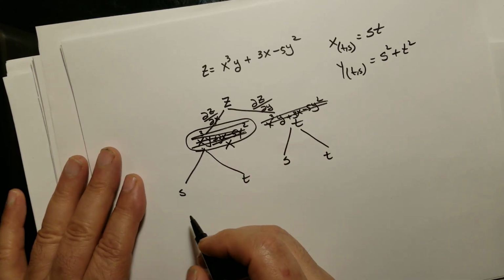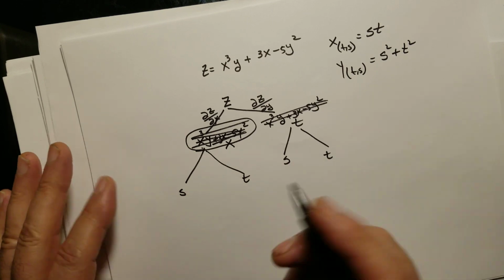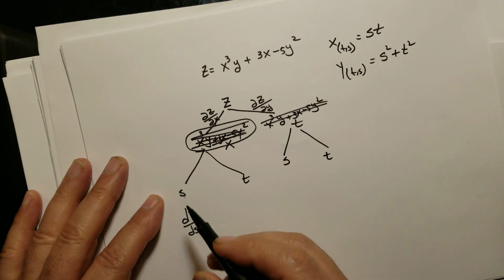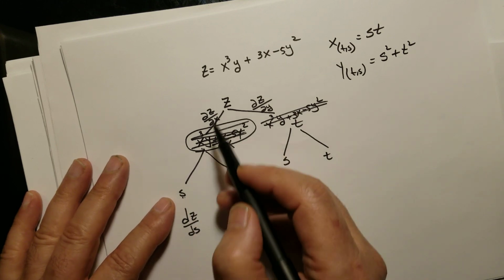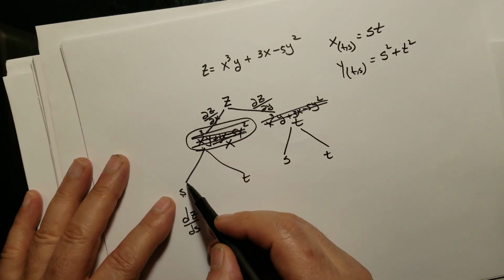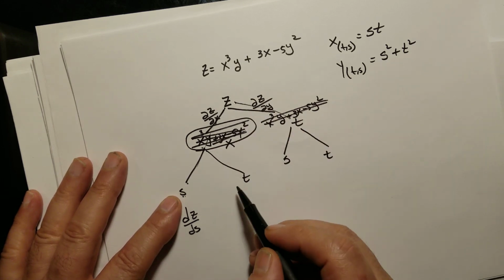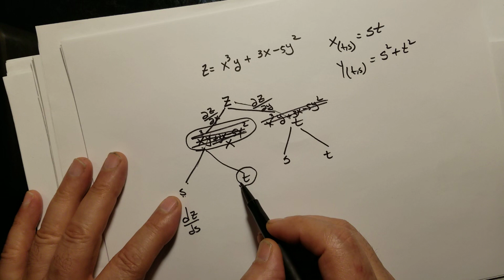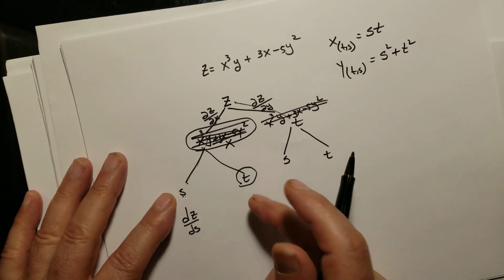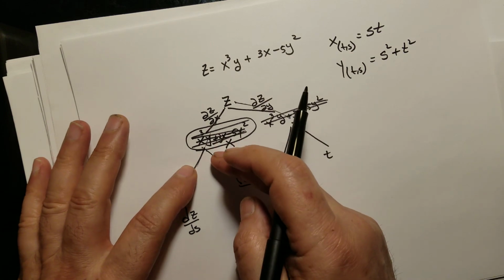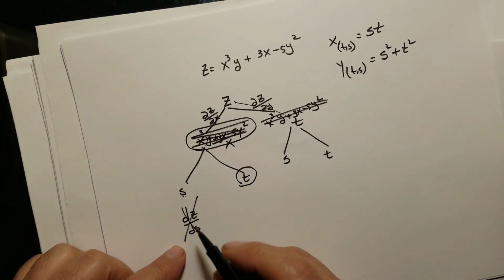Here I cannot use the ordinary dz/ds, because in order to go from s to z, you have a route in the x direction, a route in the y direction, but you can also get to z from t. Because you have two different routes in here, these are multivariables, you cannot use ordinary derivatives.